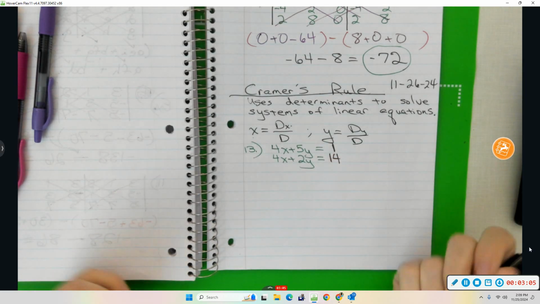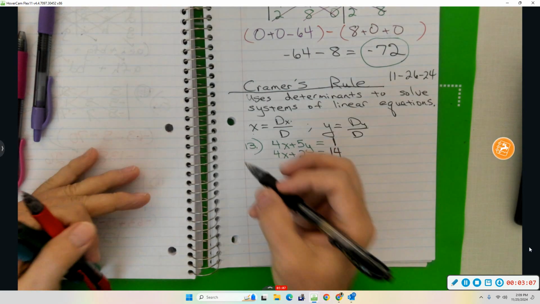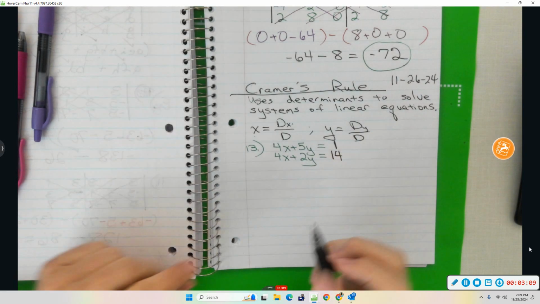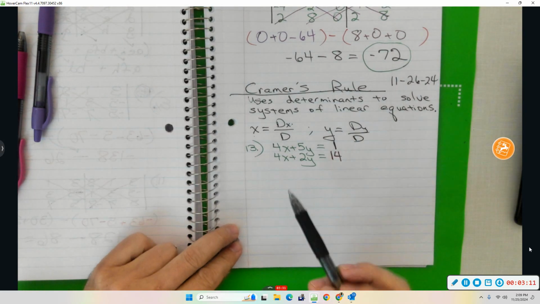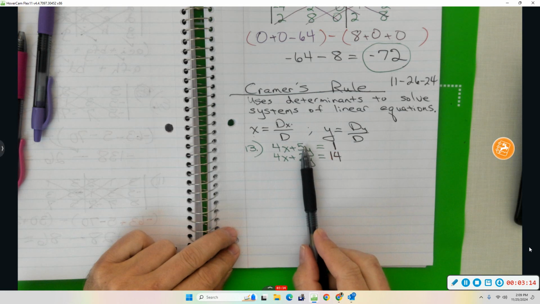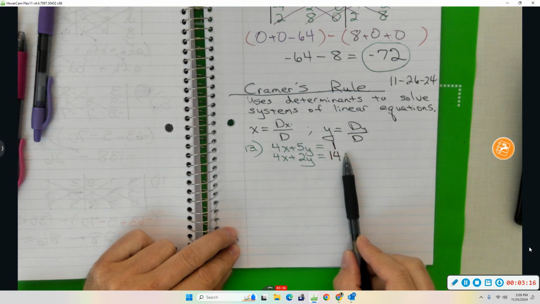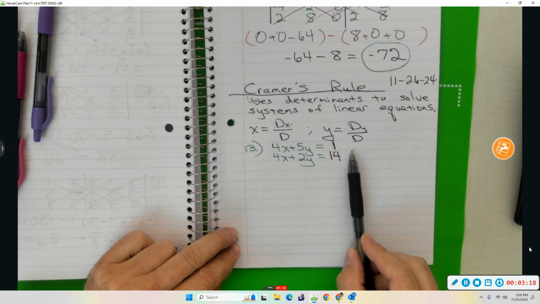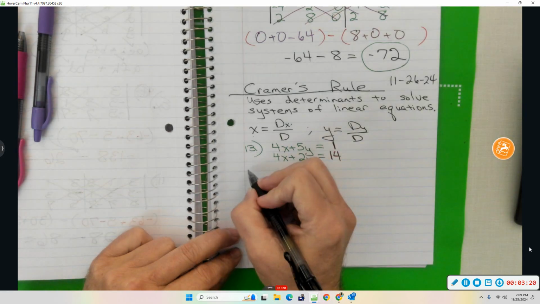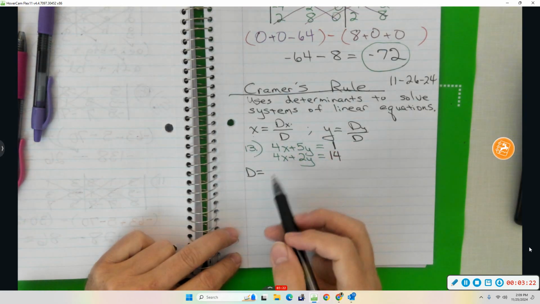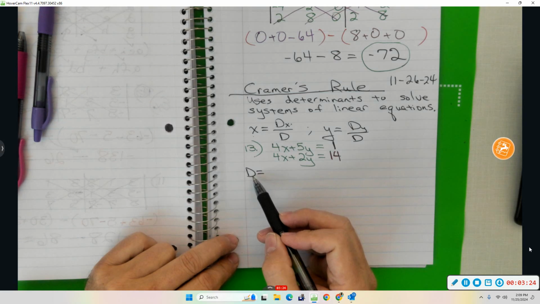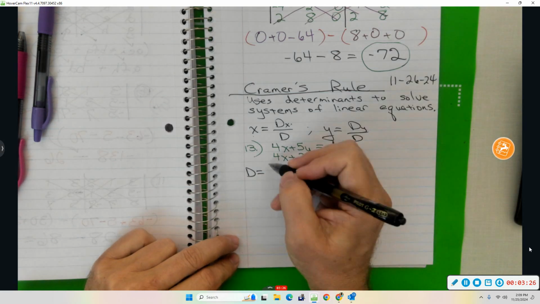The first thing that Cramer did was find the determinant of the coefficient matrix. He made sure that the like variables were aligned. He made sure the constant terms were on the other side of the equal sign. And then he denoted the determinant of the coefficient matrix with just a capital D.